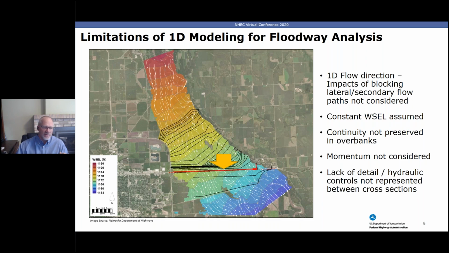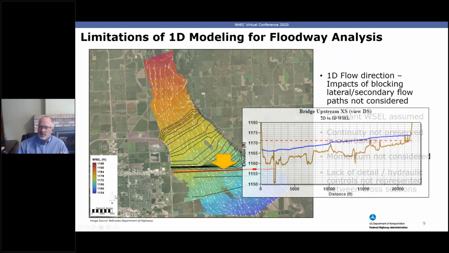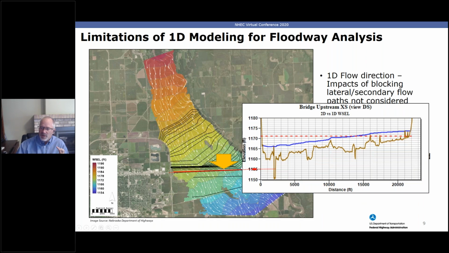So if we look at a cross section at this location, mainly because of not drawing that cross section perpendicular to the flow, you can see we're misrepresenting the water surface. Essentially there's an 8-foot difference from one side of the floodplain to the other that's not represented by the 1D result.